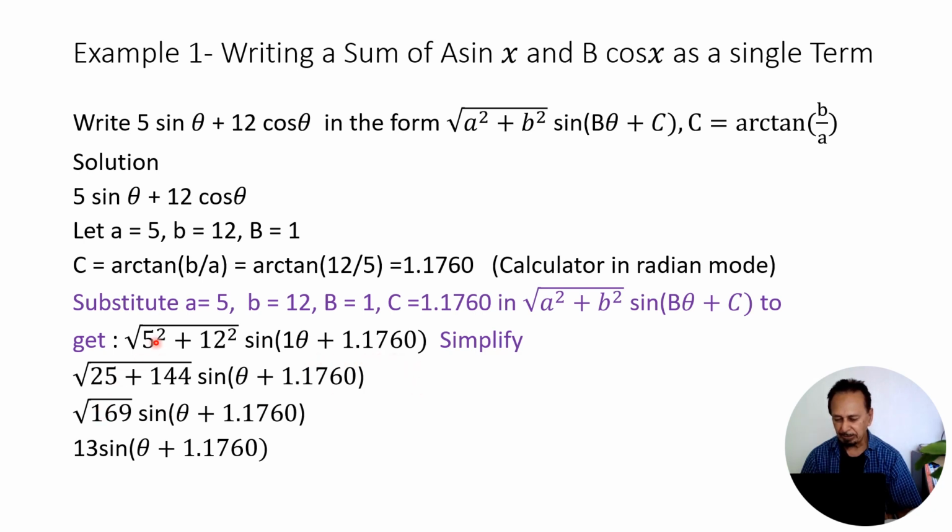So we simplify: 25 plus 144 under the square root, sine theta plus 1.1760. This becomes square root of 169, which is 13, so we have 13 times sine of theta plus 1.1760.